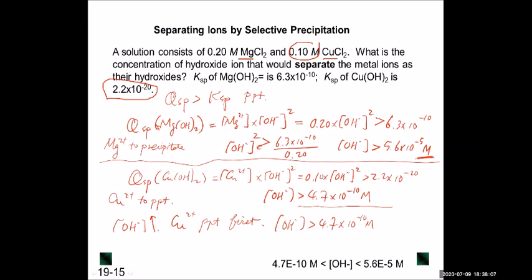But since we're separating these two, the hydroxide cannot be too high. We need to keep the magnesium from precipitating. So that way the separation can be achieved. And to keep magnesium from precipitating, the hydroxide has to be less than the precipitating concentration, which we calculated as 5.6 times 10 to the negative 5.